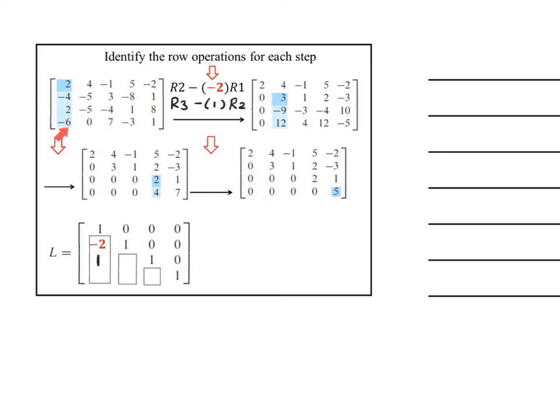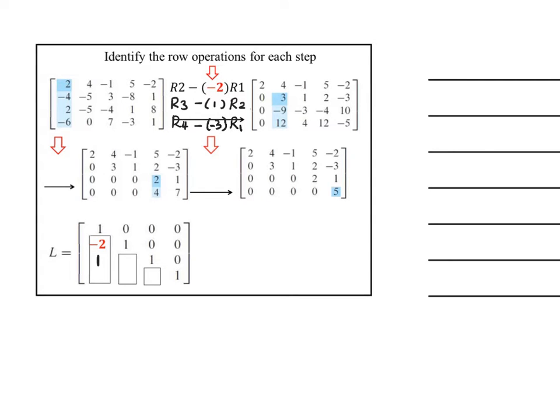Similarly, if I want to eliminate this negative 6, I have to use my row 4 minus negative 3 times row 1, which is the same as plus 3 times row 1.